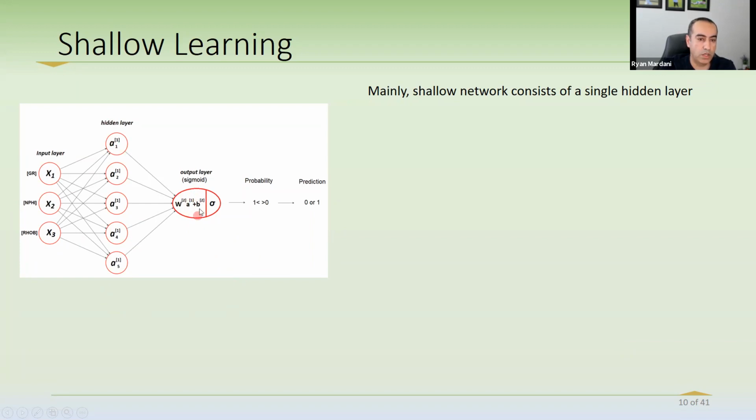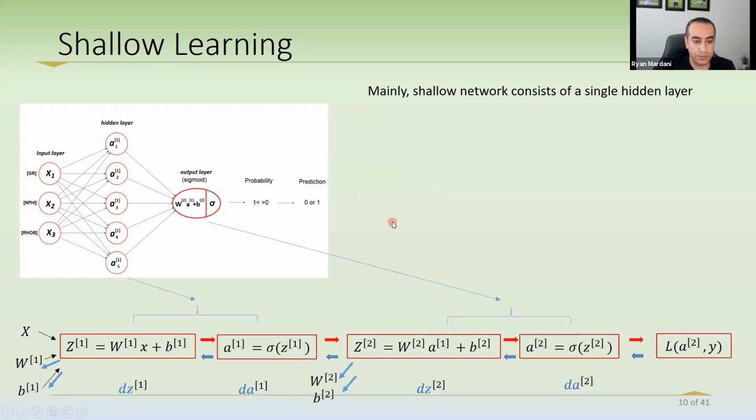One is the summation of the parameters, and the other is applying non-linearity, or an activation function. Then we go to a probability to check whether it is between 0 and 1. For the mathematical computation, we can see Z1 for this node.